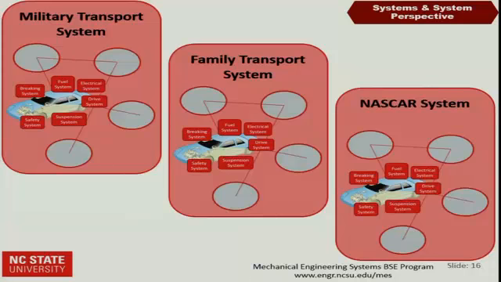If it was part of a family transport system, it would have another objective. If it was part of a NASCAR system, it would have another objective. As would the way the parts interact, the role of each part. The fuel system in a NASCAR system is very different than in a family transport system. So you see, without knowing that objective, it changes everything about a system.